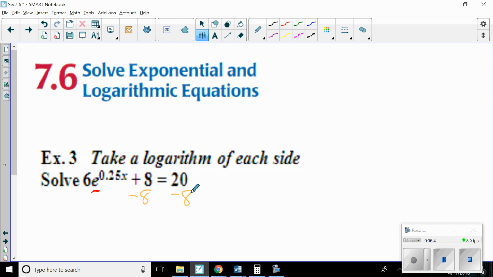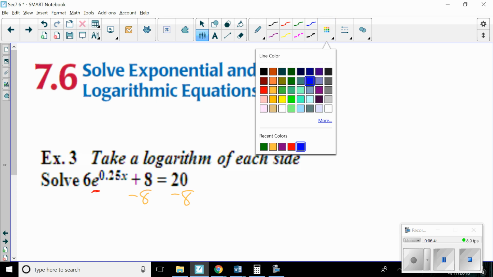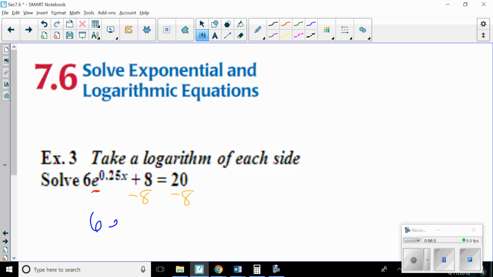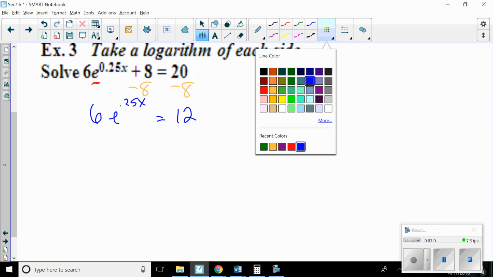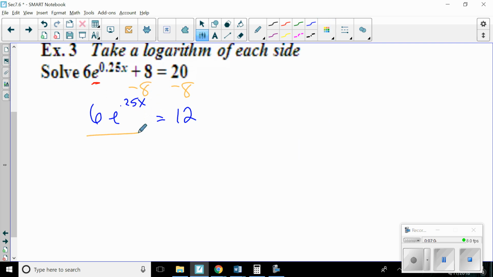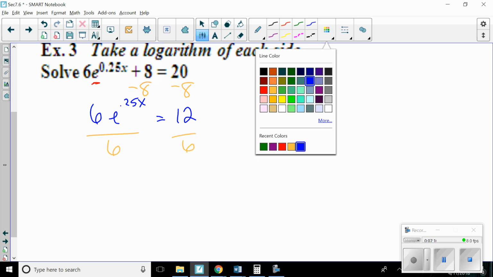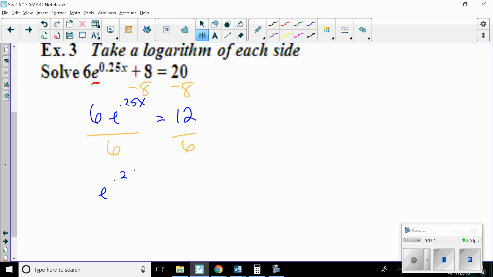So we end up with 6 times e to the 0.25x power equals 12. The second thing we're going to do is divide both sides by 6, because we still want to isolate that e to the 0.25x power. And we have e to the 0.25x power is equal to 2.